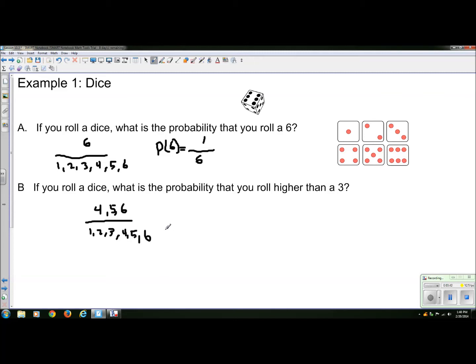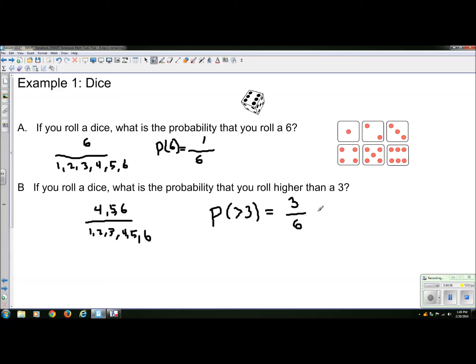So there's 3 events in the numerator. I'm going to call this probability of bigger than 3, and I'm going to say that's equal to 3 over 6. There are 3 events where you can roll bigger than a 3 out of 6 possible events.